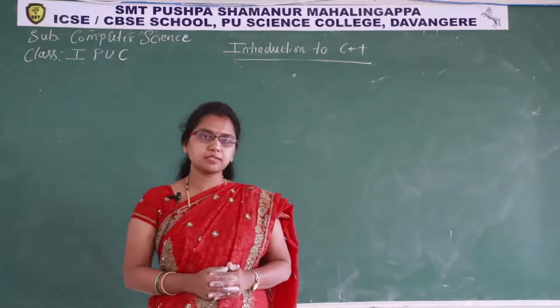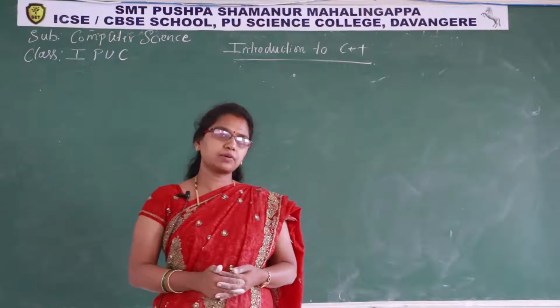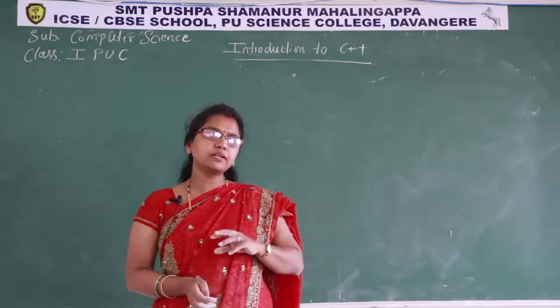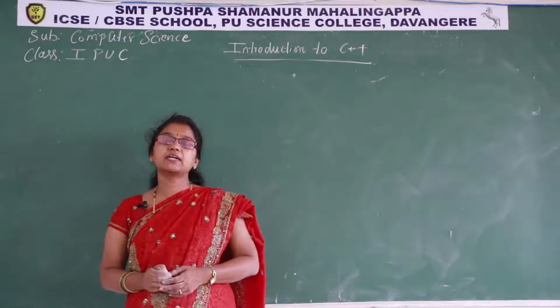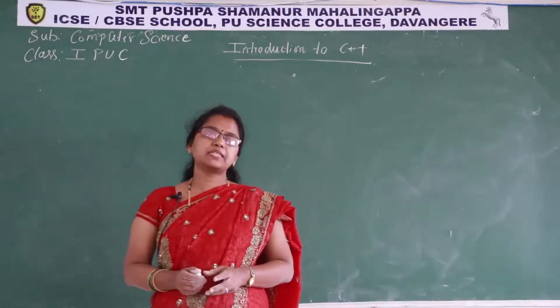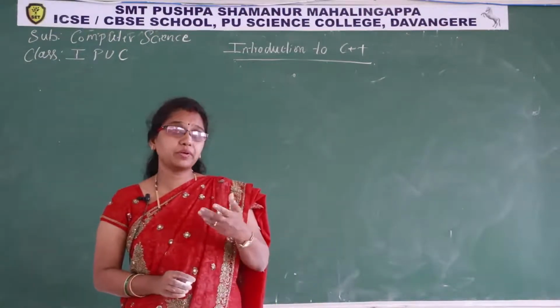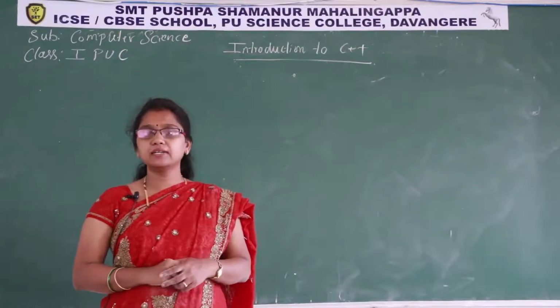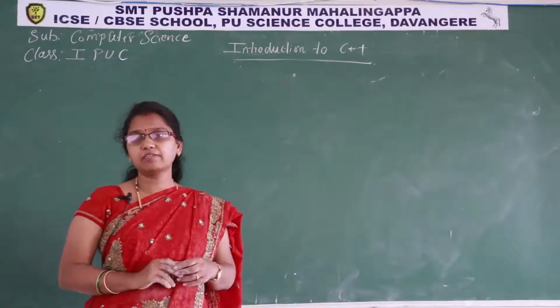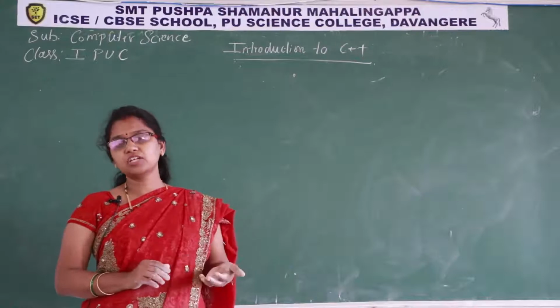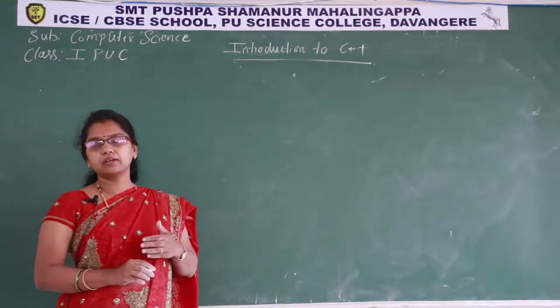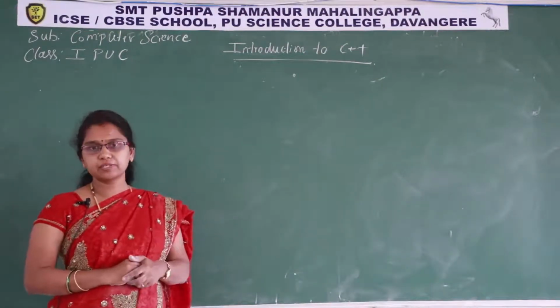On this we discussed. The next chapter we are discussing about data types: what are the basic data types and how do we classify data types, basic and derived data types and user defined data types. In the next chapter we will study in detail about data types.